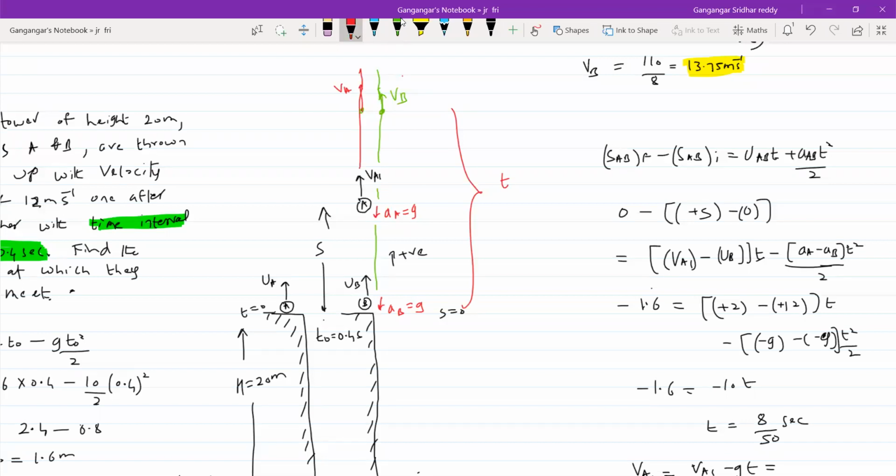After projection of B, the time will be T. The way you have to interpret T is the time measured from when we are about to project B. If you are calculating time from after projection of A, then you have to add T plus T naught. The time after which A will meet B when A is projected is T naught plus T. The time after which B will meet A after B is projected is T.